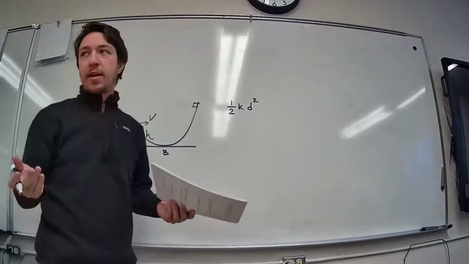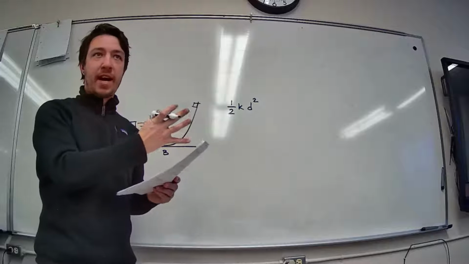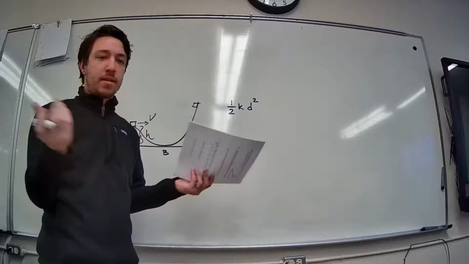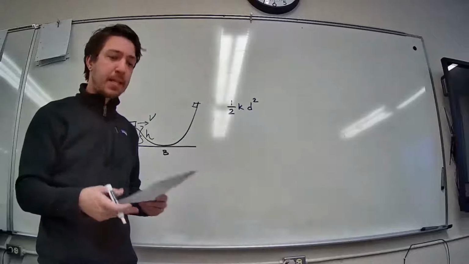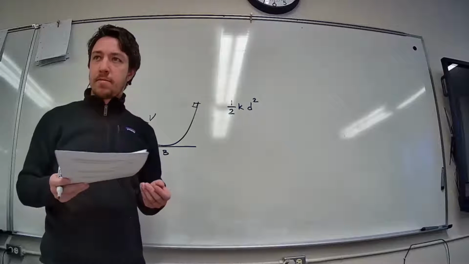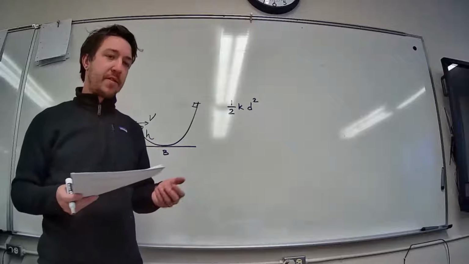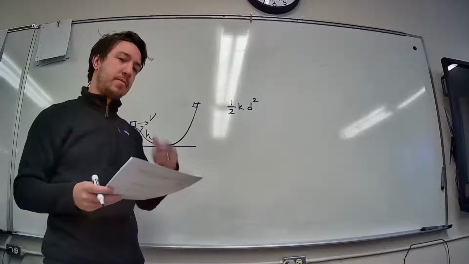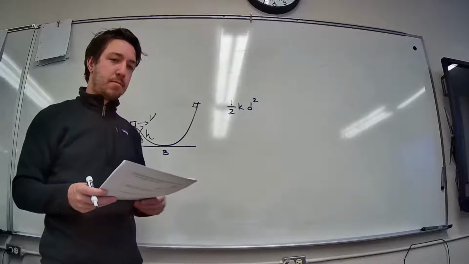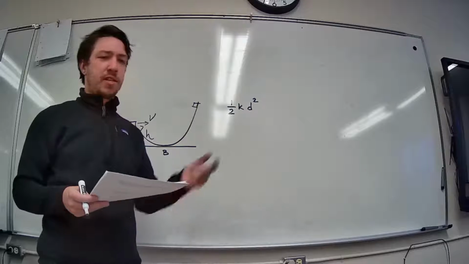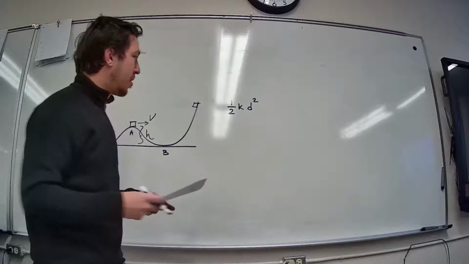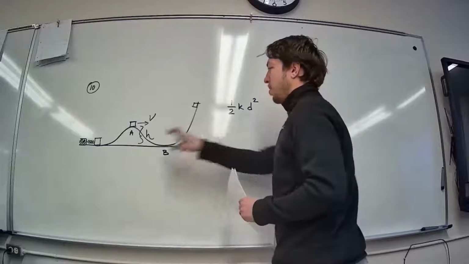Usually I write 1/2 kx squared, but since the problem is defining the compression as d, you just use that letter instead. That happens from time to time in physics problems. Anyway, that's how much energy is stored in the spring.